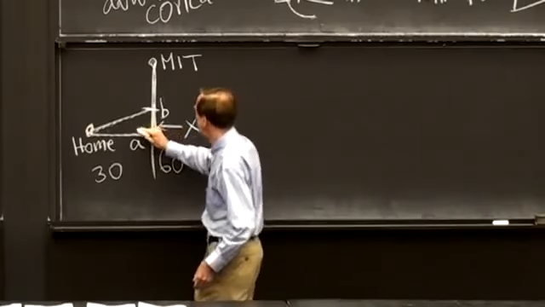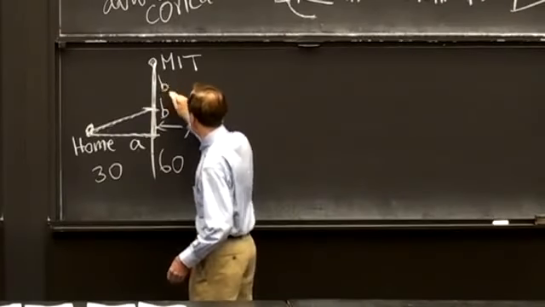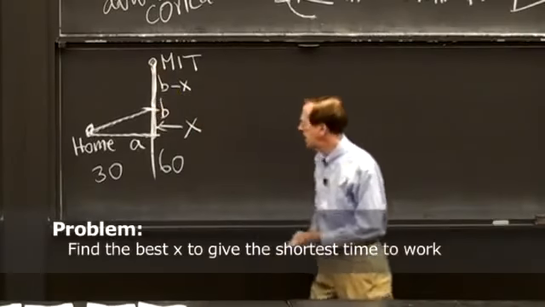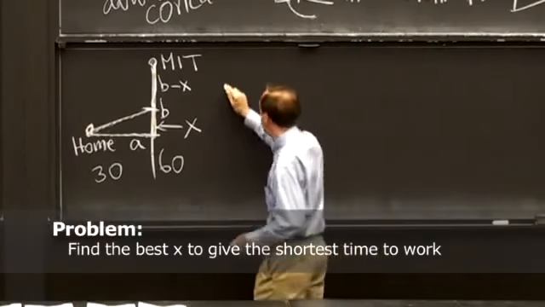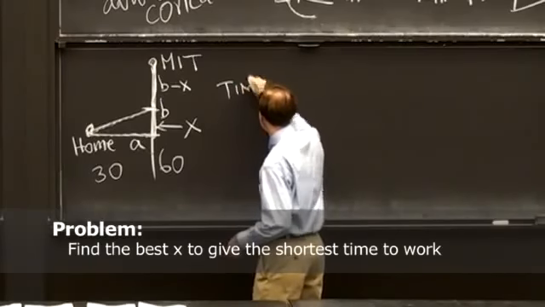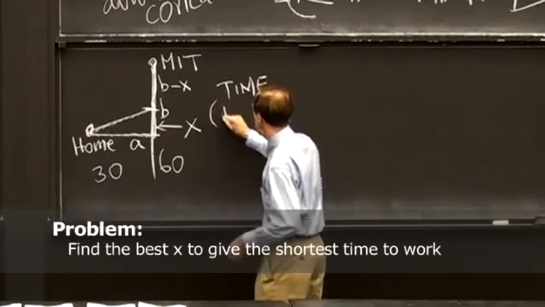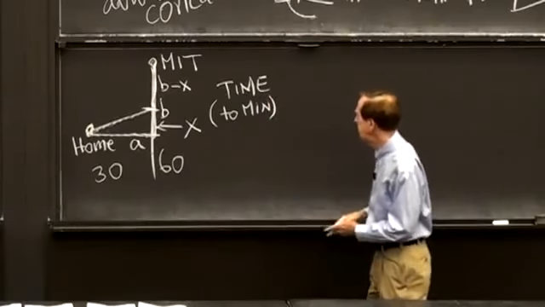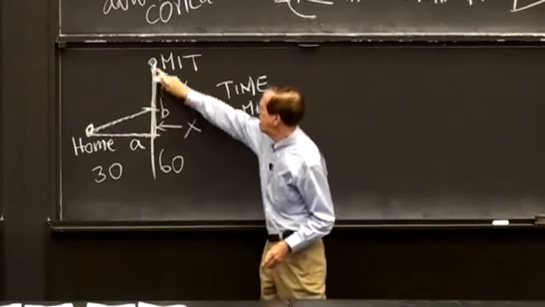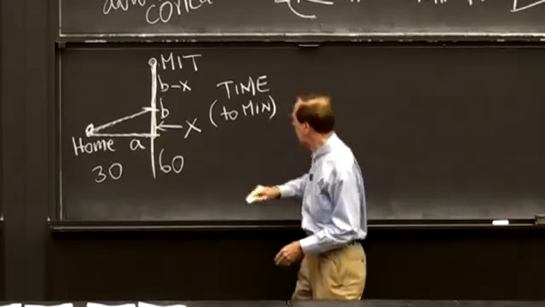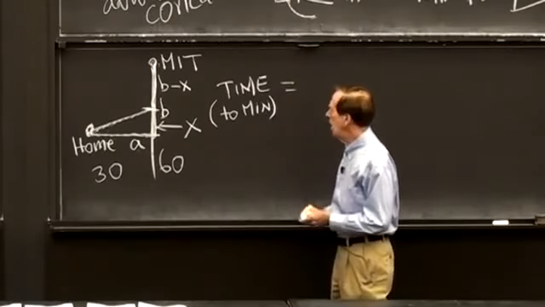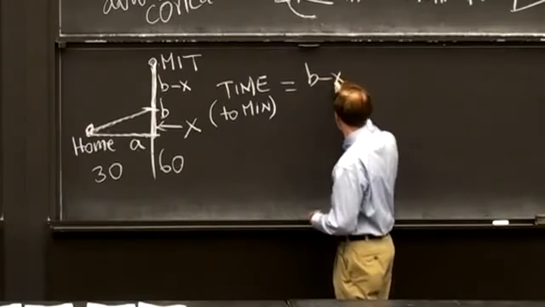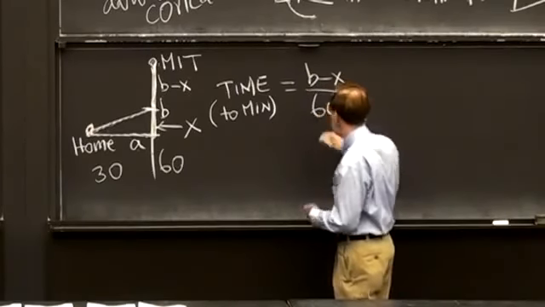So this distance is then b minus x. So that's what I travel on the Mass Pike. So my time to minimize. I'm trying to minimize my time. Okay. So on this Mass Pike, when I travel at 60, I have distance divided by 60 is the time, right?